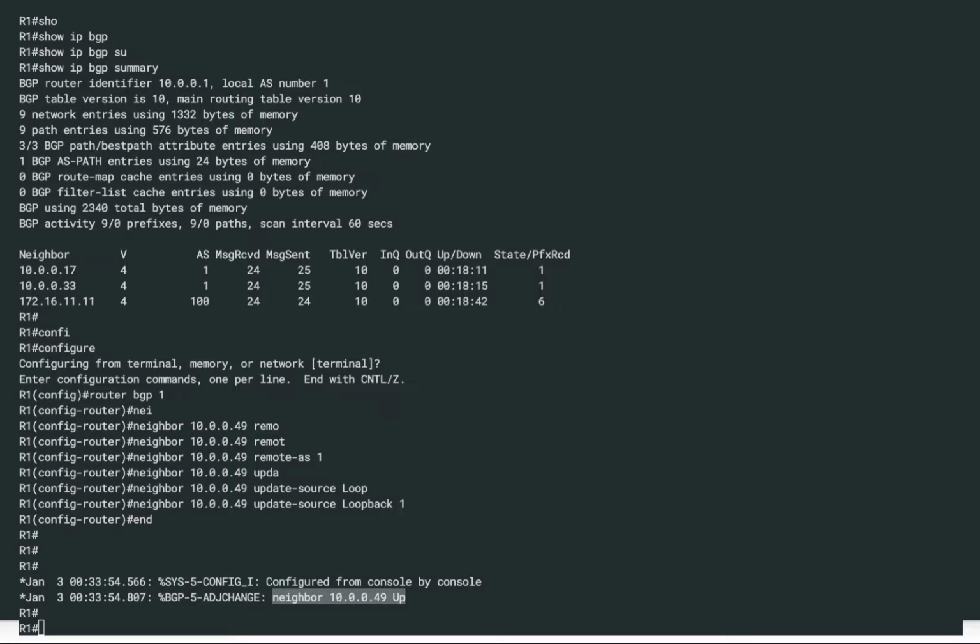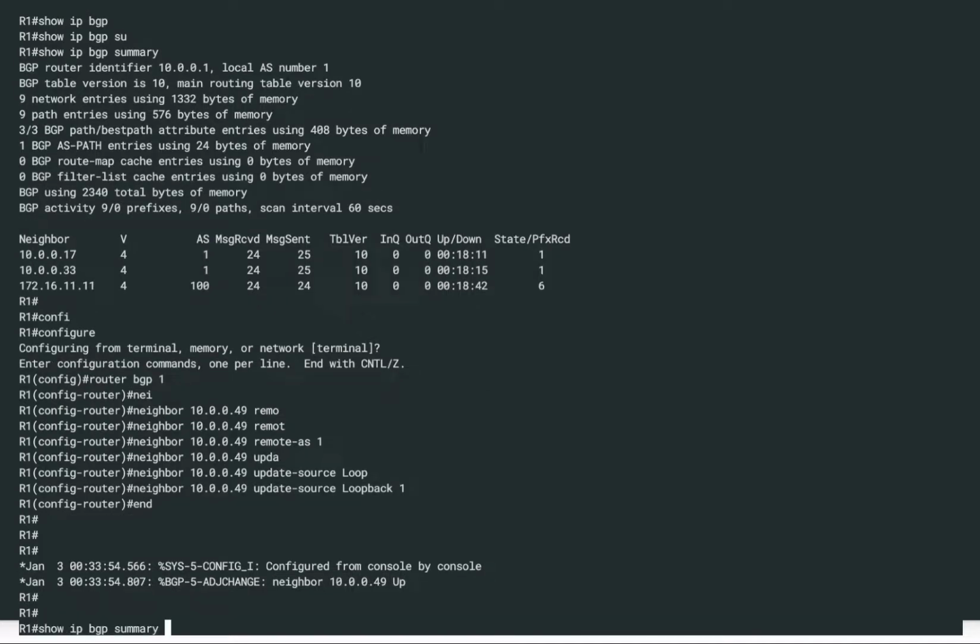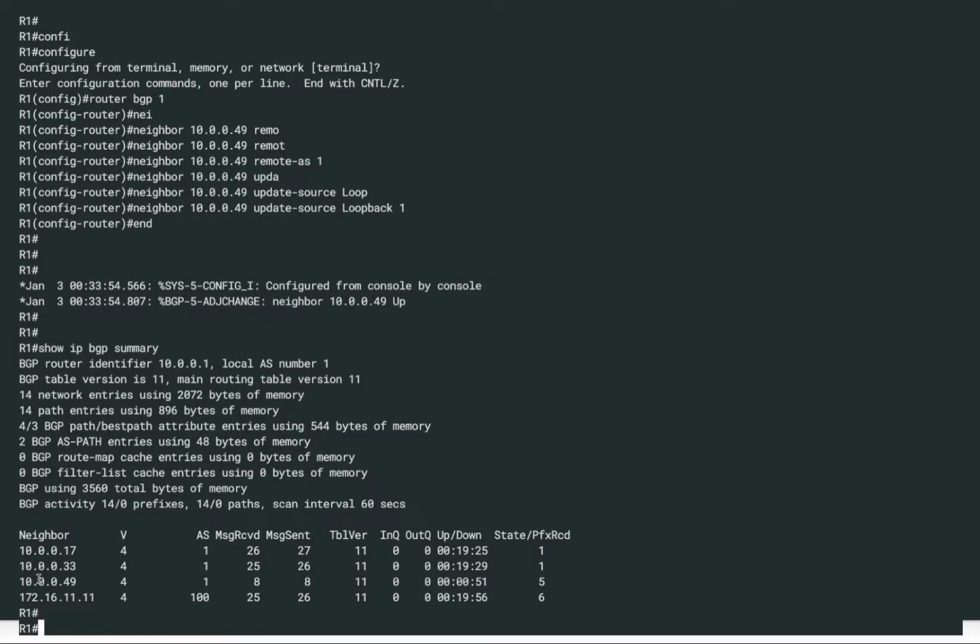We saw that when we didn't have this neighbor relationship up between R1 and R4, the BGP split horizon rule was blocking those updates. Now let's verify that BGP has a neighbor up, and it has been up for the last 51 seconds.